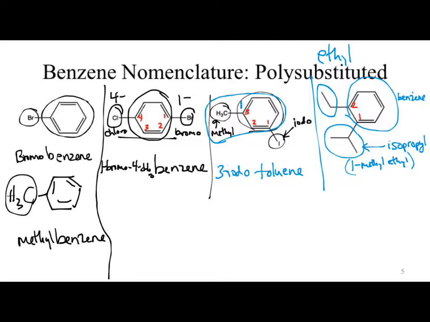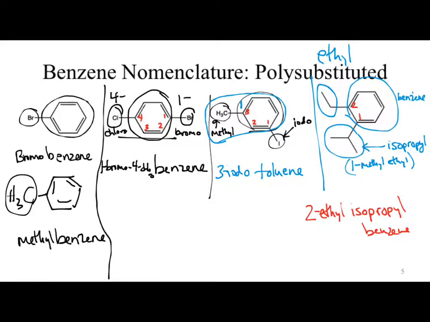You need to specify in your name where each of those substituents are. So we couldn't just say ethyl isopropyl benzene. You could assume one of them is at position 1, but you'd have to specify the other. So I could do 2-ethyl isopropyl benzene. I thought 1 was the isopropyl.